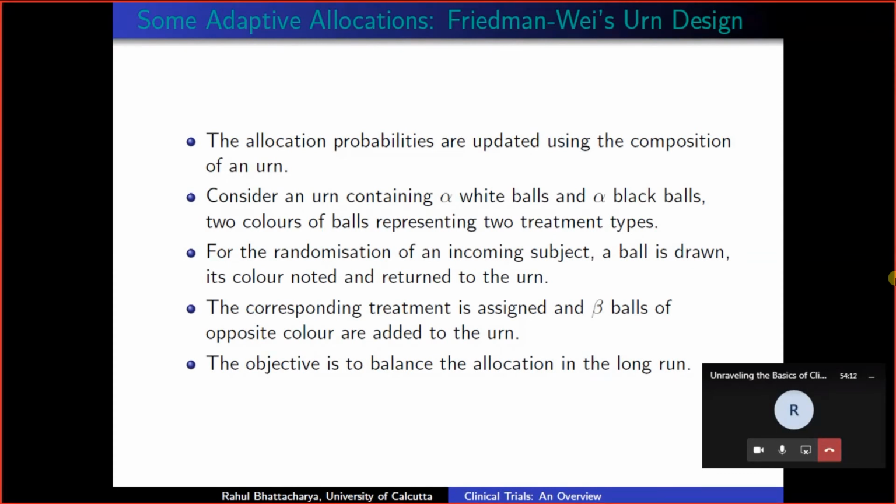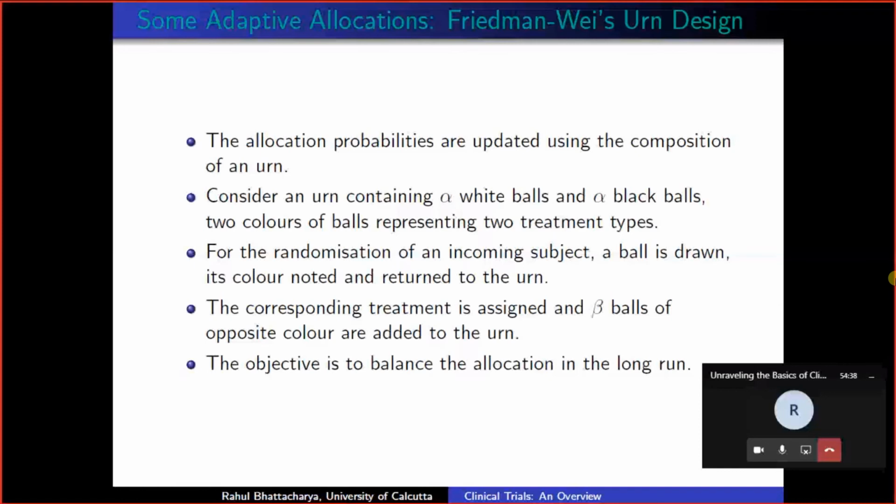That's why you are adding beta balls of the opposite color. This increases the chance of getting a type 2 ball and therefore makes a balance. So here the objective is to balance the allocation in the long run. This is what is known as Friedman-Wei's urn design.